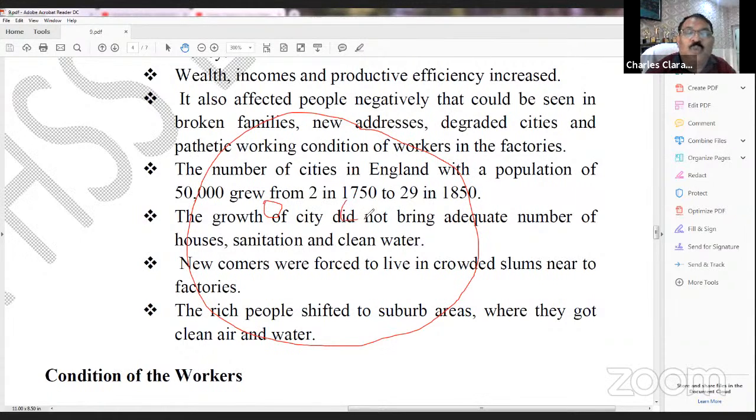The factories were always in the heart of the city. That's how the city grew. So when the workers came, the workers would stay over here, which became extremely crowded. This entire area became extremely crowded. The rich people would live in the periphery, the suburbs. That is where they got clean water, everything.